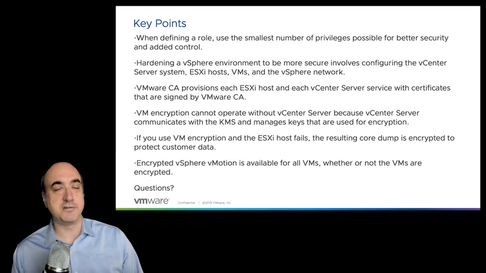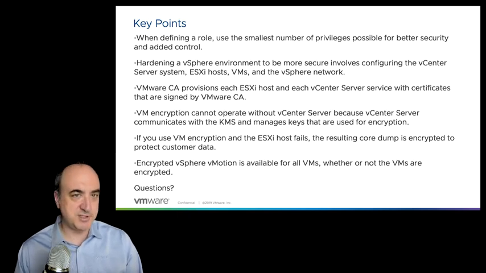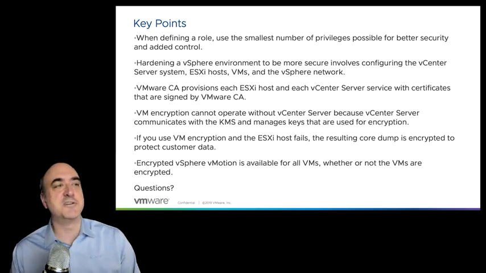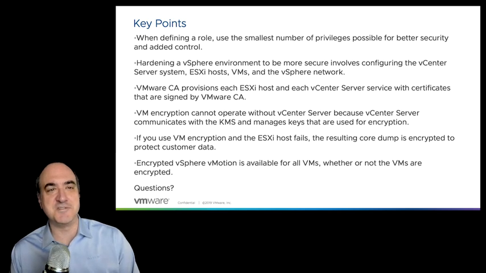The things we took a look at in this module: when defining a role, use the smallest number of privileges possible to make sure you have added control. Hardening a vSphere environment to be more secure involves configuring the vCenter Server system, ESXi hosts, and VMs in the vSphere network. The VMCA provisions each host and each vCenter Server service with certificates that are signed by the VMware CA.